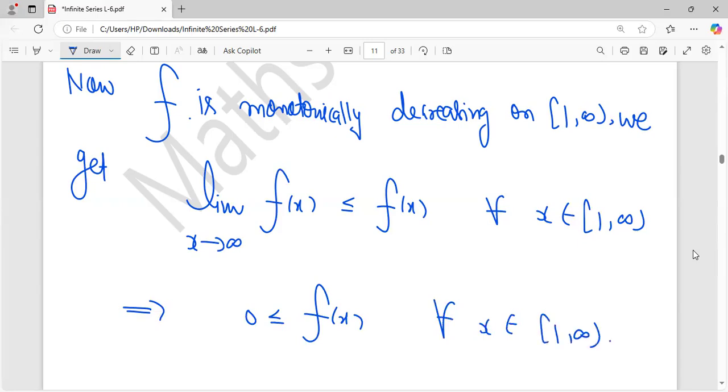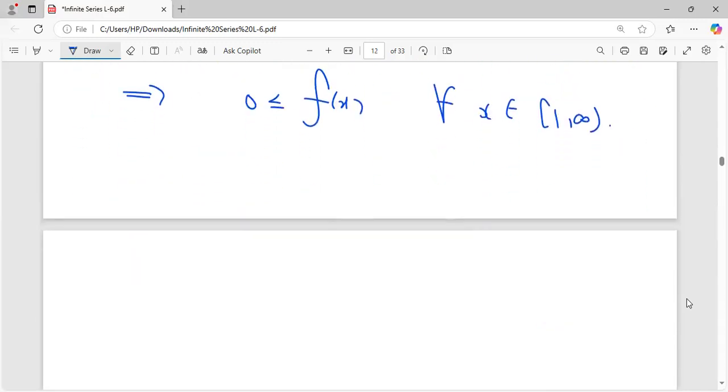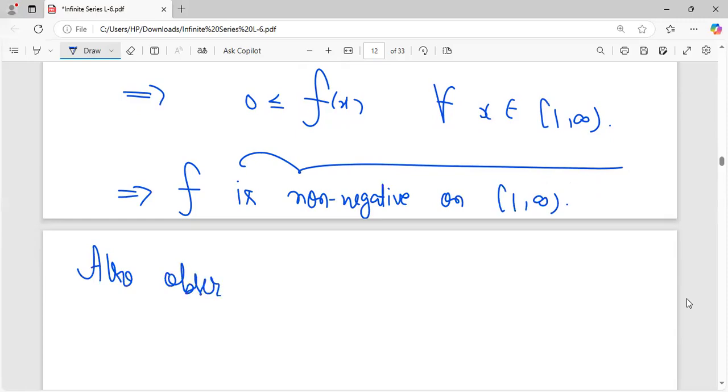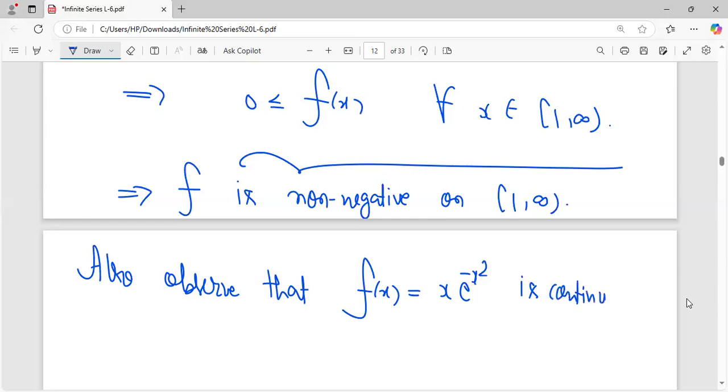Okay. Now see that from here, f is non-negative on this interval. Also observe that f(x) is equal to x e to the power minus x square, which is continuous on this interval.